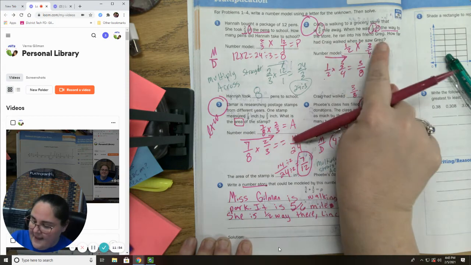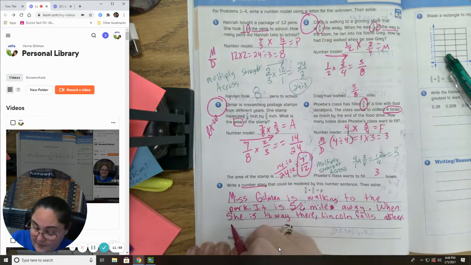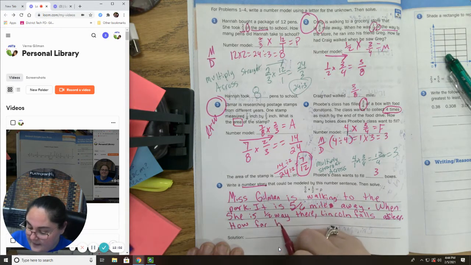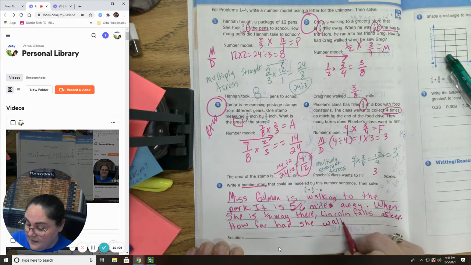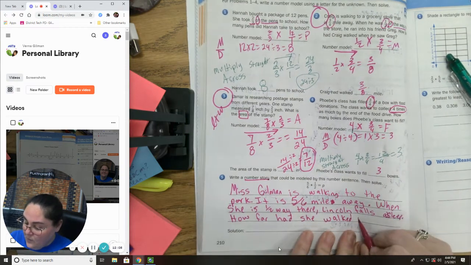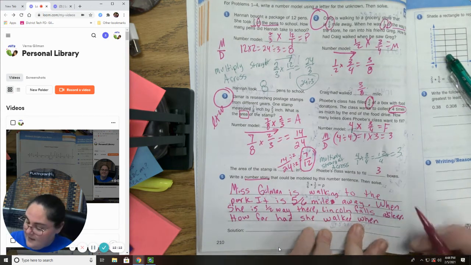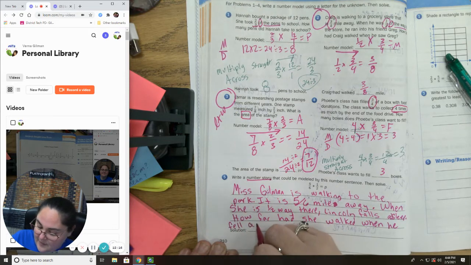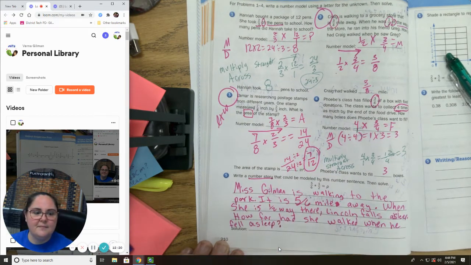This one says, how far had he walked when he saw Greg? So how far had she walked when, oh, he fell asleep, right? He fell asleep. Awesome. Great.